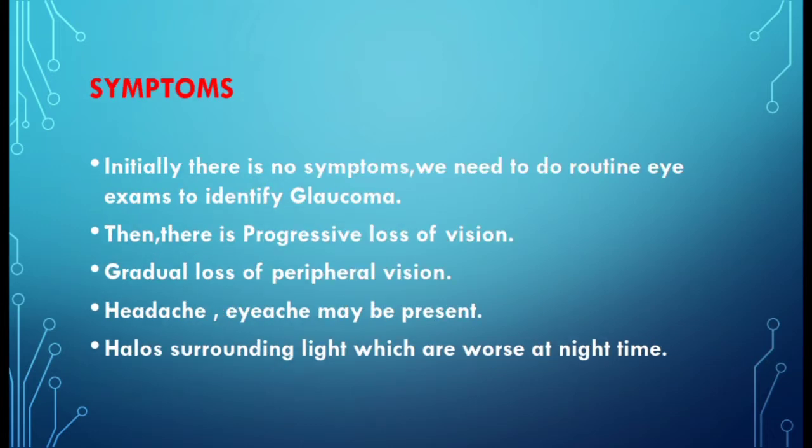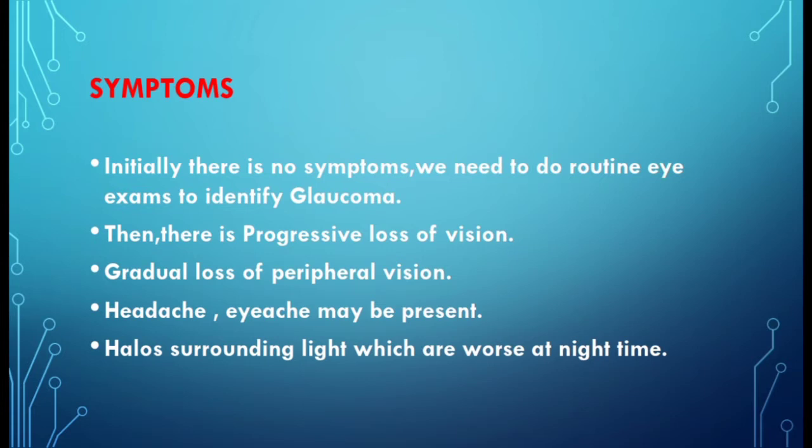Next, symptoms of primary open angle glaucoma. At the initial stage, there is no symptom. By doing regular eye exams, we can identify the glaucoma. Then there is a progressive loss of vision. Then there is gradual loss of peripheral vision. Headache and eye ache may also occur, and they feel halos around the light.